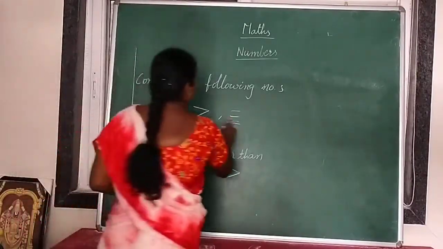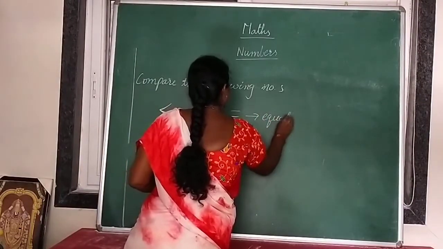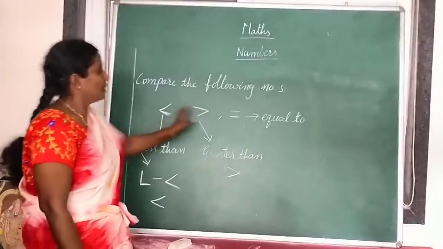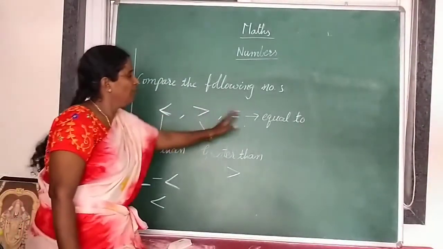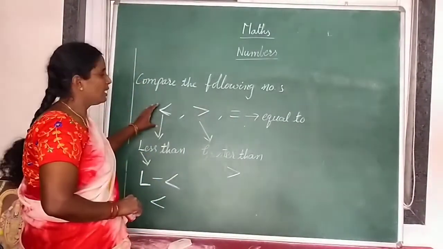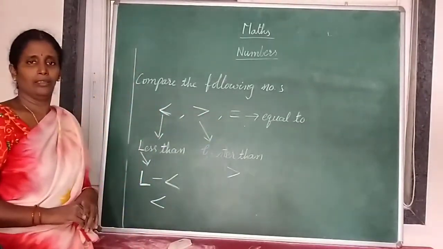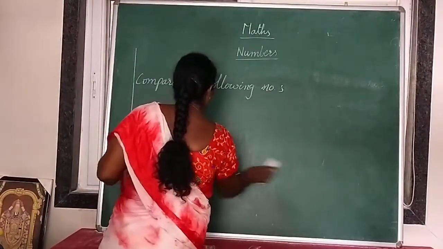And the last symbol is equal to. We have three symbols: less than, greater than and equal to. So when should we use the less than symbol, greater than symbol or equal symbol? Now I will show how and where to use these symbols.